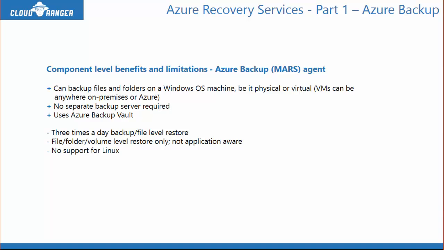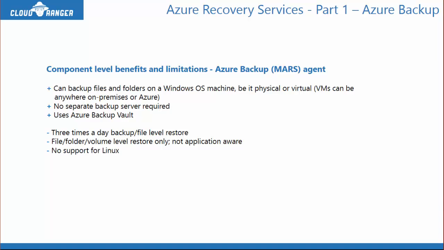I mean, there are a lot of use cases for this. You can back up your file shares, you can back up logs or data that you don't need to back up more than 3 times a day, or more than 1 or 2 times, right? And you can do a full file level restore also only 3 times a day. More than that, you can't. There are definitely usage scenarios for this.